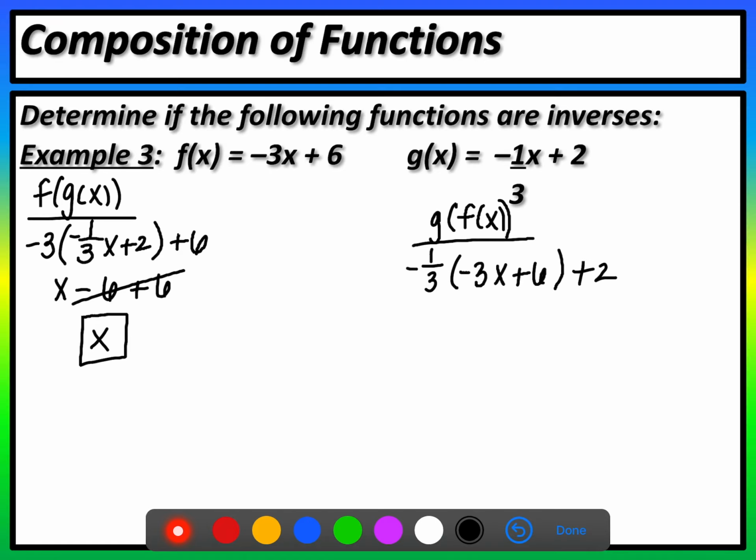Okay, so negative 1/3 times 3, again, that gets me x, and I end up with x minus 2. Bring down the plus 2, okay, and those will cancel. So because f of g of x equals x and g of f of x equals x, these are inverses.